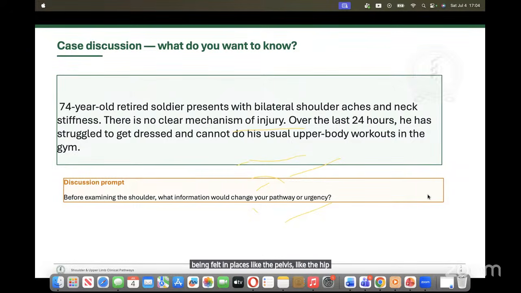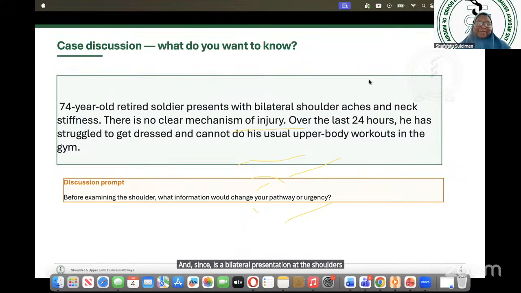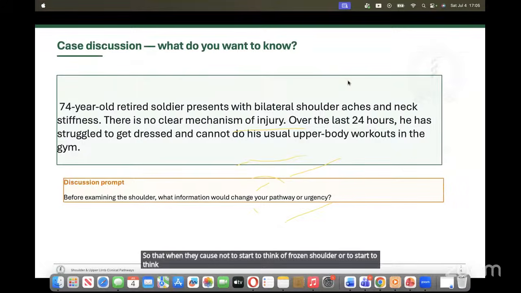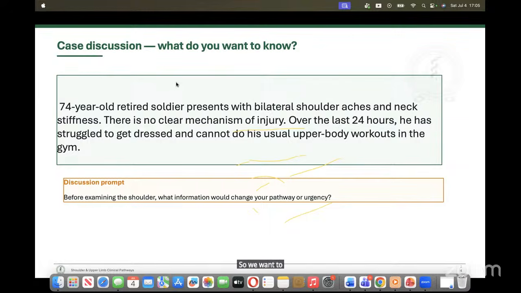Since it's a bilateral presentation at the shoulders, that will make us not start to think of frozen shoulder or osteoarthritis of the shoulder because of the bilateral presentation. We also want to look for other systemic involvement based on the presentation of the patient.